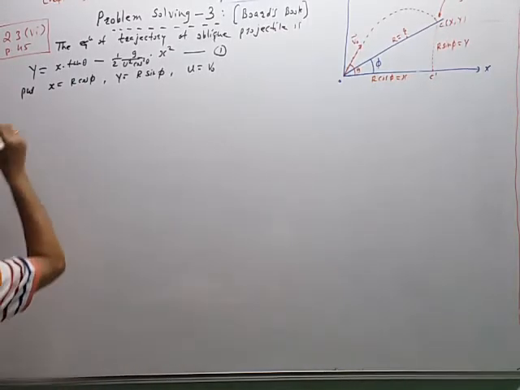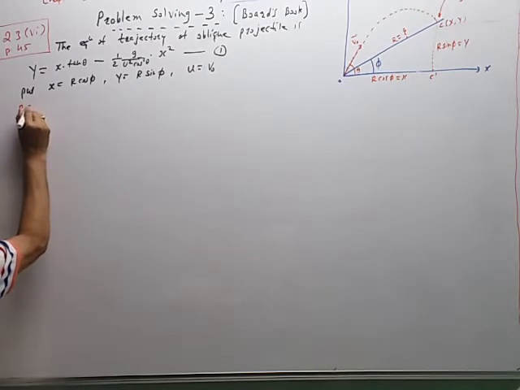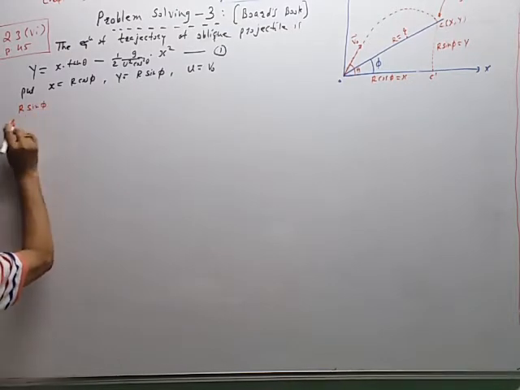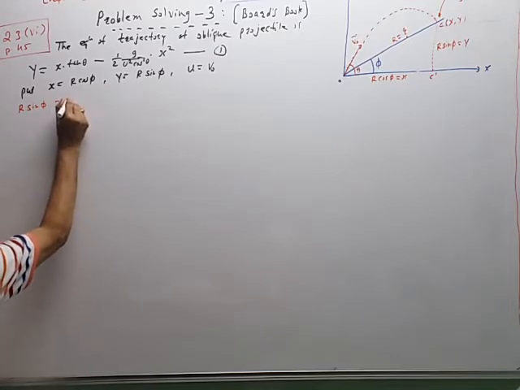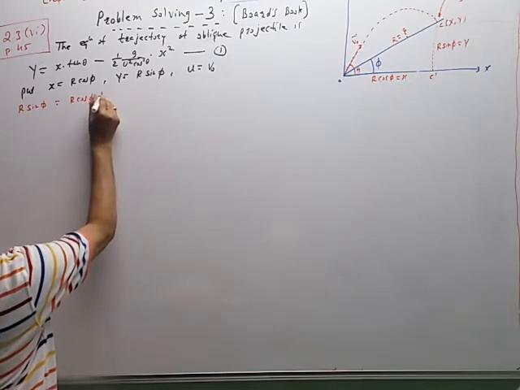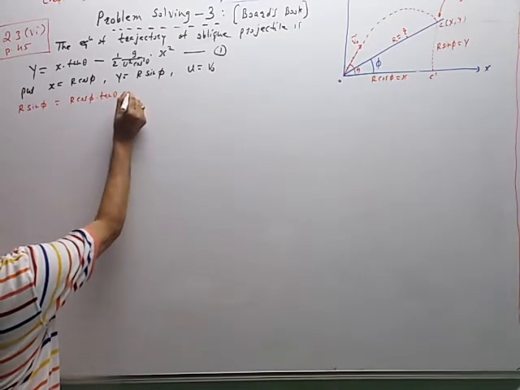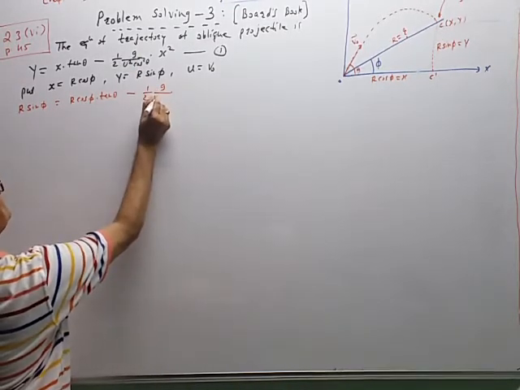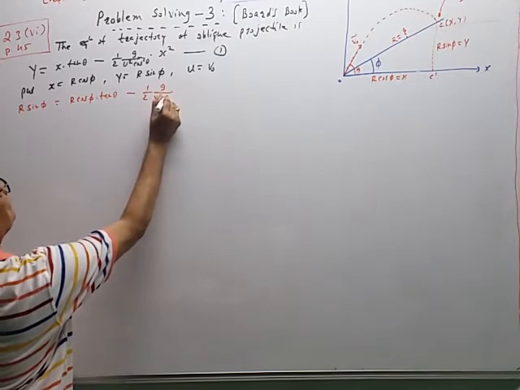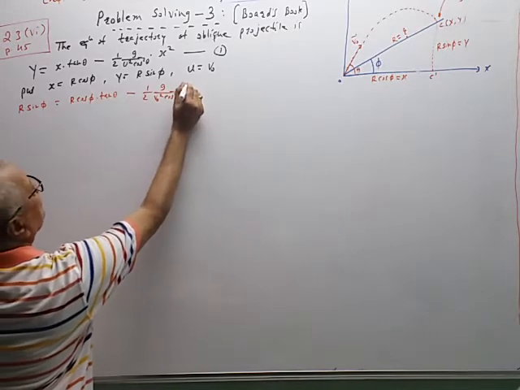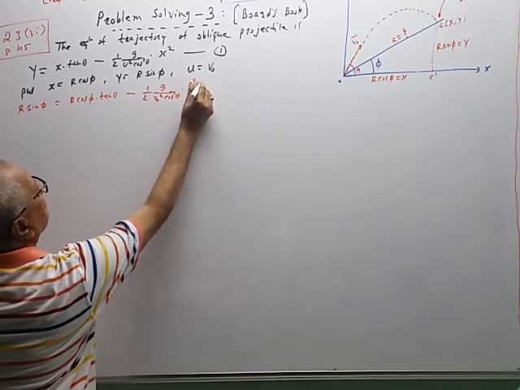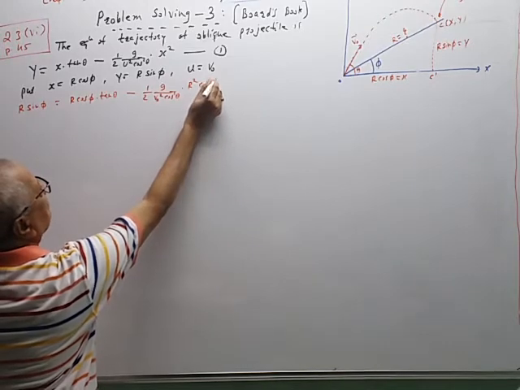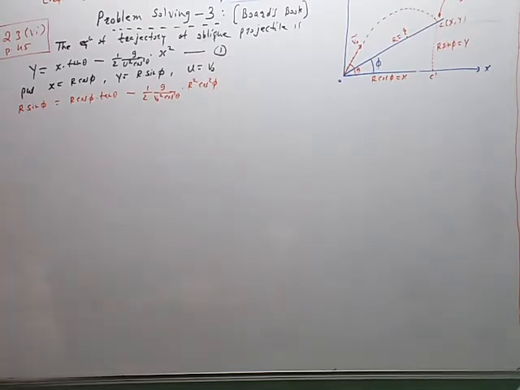Therefore r sin phi is equal to r cos phi into tan theta minus 1/2 g, with u substituted as v0, over v0 square cos square theta as it is, into r square cos square phi. So we have to find r.